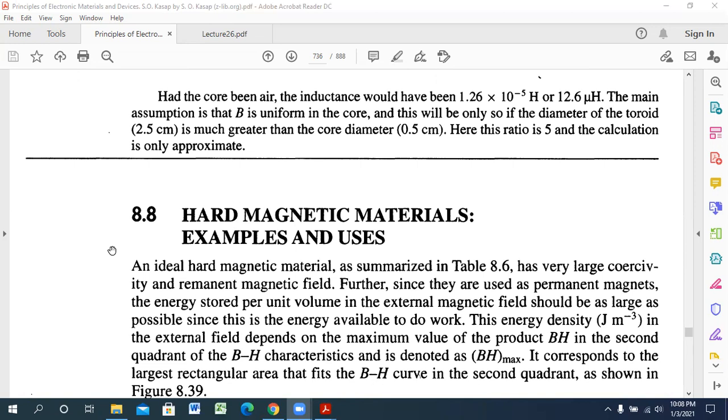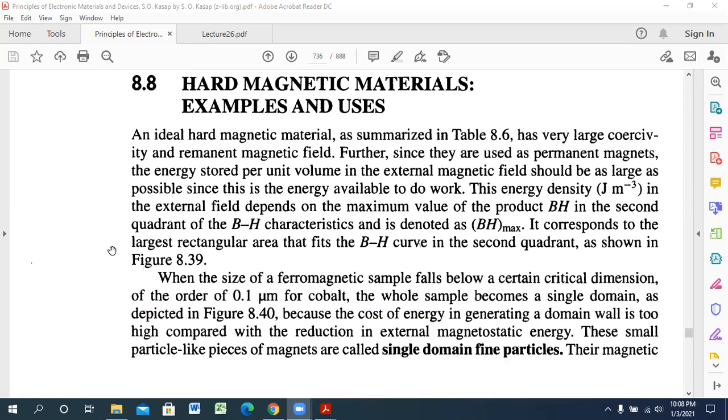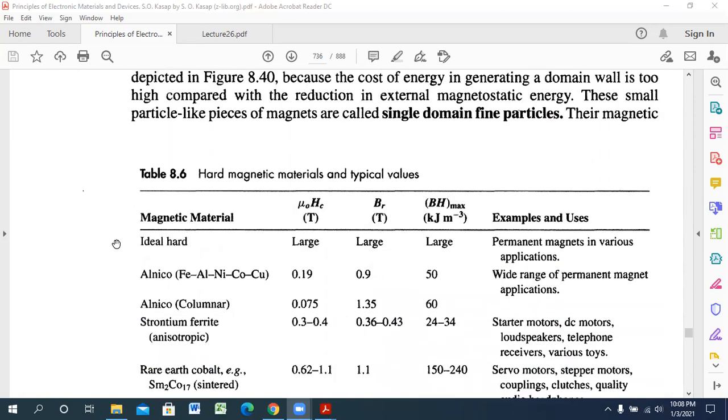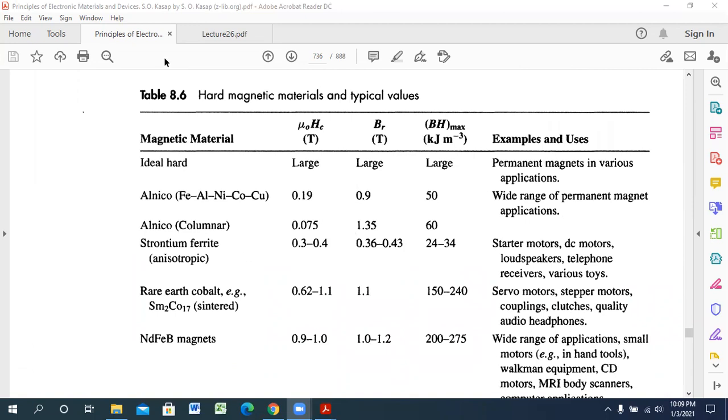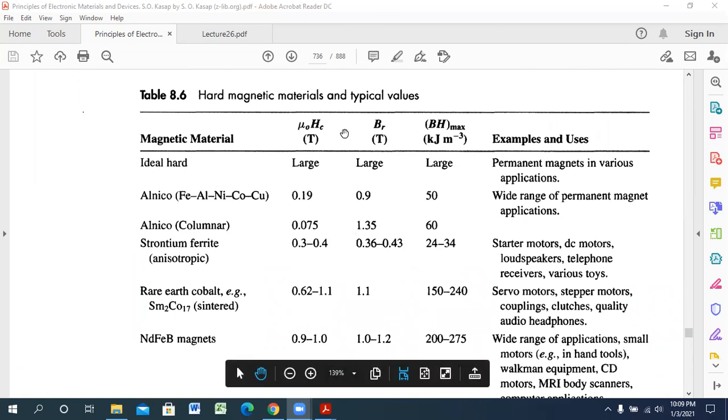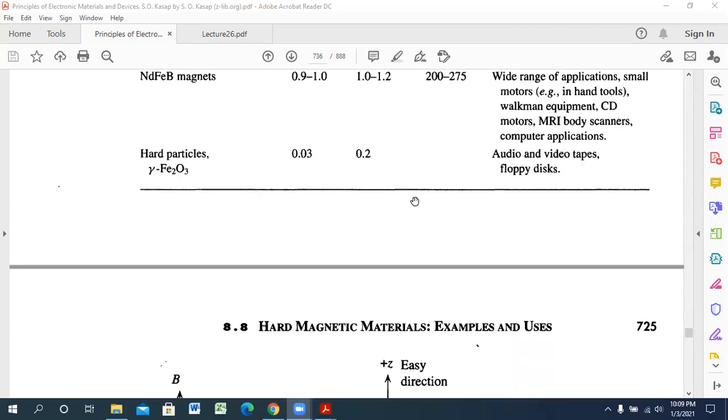In that case, that will be the hard magnetic materials. There are some examples of hard magnetic materials. Please try to go through these theoretical things. I think there is no need to memorize these numerical values. Just understand which magnetic materials are used where.